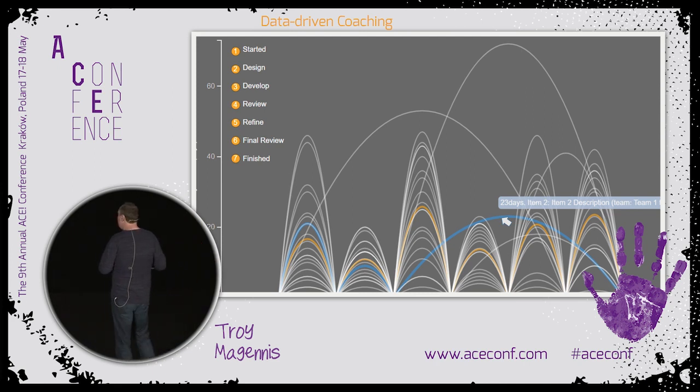And each white line is a previously completed piece of work that flowed through this system. You can hover over one of them individually, and now you can see the journey of that completed item through the states, and the height is cycle time. Now, what you're helping people do here is to see something that's abnormally different. What's different about the one I've highlighted?